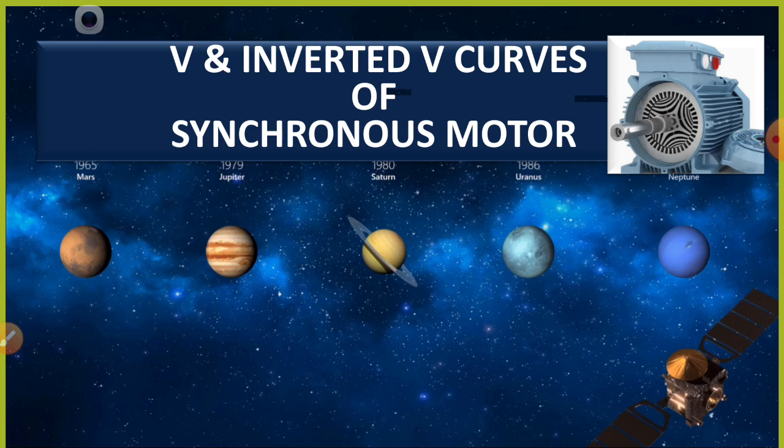This performance is studied with the help of one experiment in our laboratory. I think you have to do the V and inverted V curves of a synchronous motor. This experiment is very simple, easy, by changing the DC excitation to the rotor at constant supply voltage and constant speed.